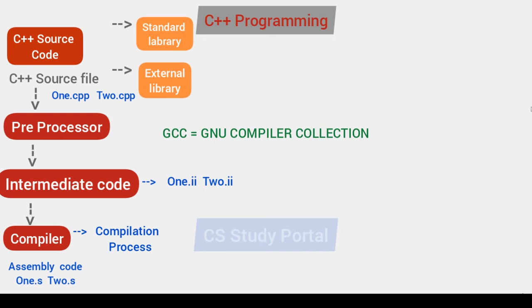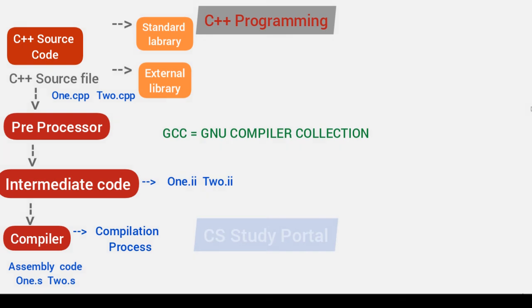Now, during this compilation process, the C++ compiler will take the intermediate code produced by the preprocessor and generate the assembly code, and the compiler will also make sure that you have followed all the rules of the C++ programming language. You know, all programming languages have their own rules. For example, in the C++ programming language, there is a rule that every valid statement should have a semicolon.